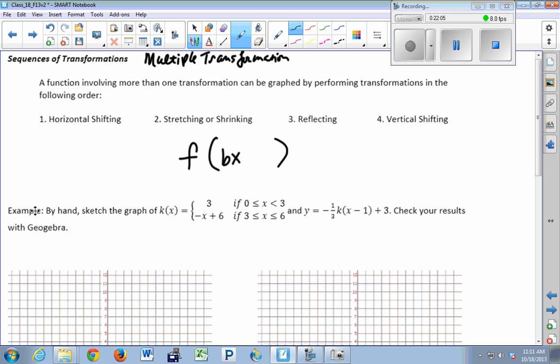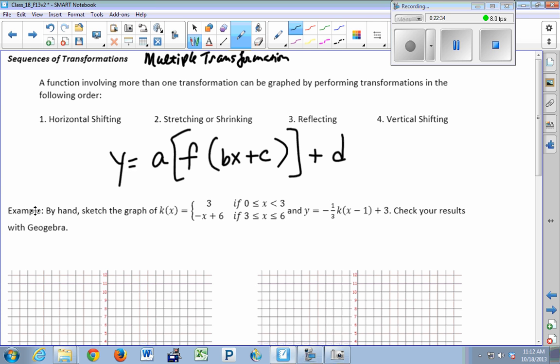We could multiply x by something and then add or subtract something from that. Then we could take that output and we could stretch it or shrink it depending on A, and then we could shift it up and down the axis. So this is the form of your function, your multiple transformations that your book uses.